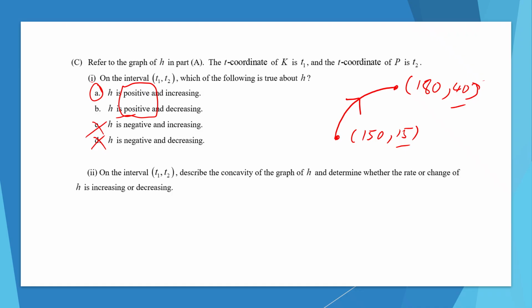The next one, C2, determine the concavity of h and determine whether the rate of change of h is increasing or decreasing. So in this case, you just want to say two things. Well, looking at this, we know it's concave down because it has a downwards U shape. And so all you really need to write is concave down.